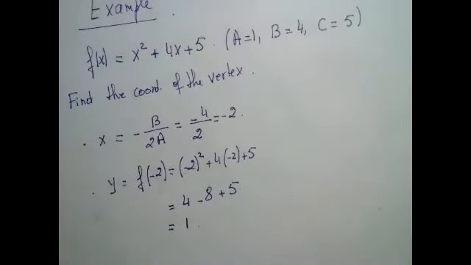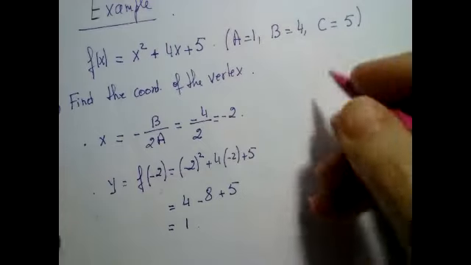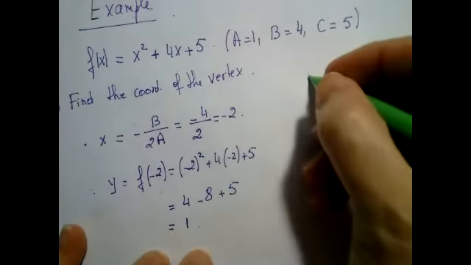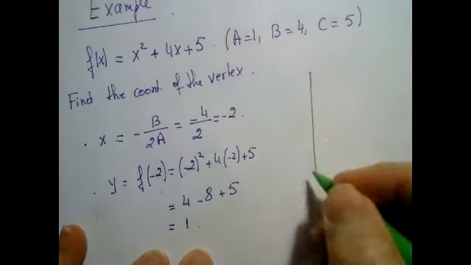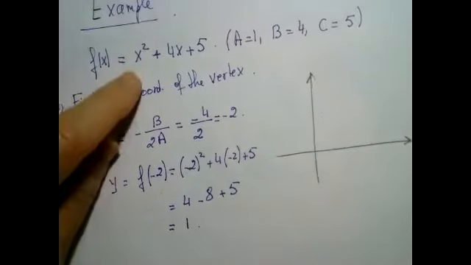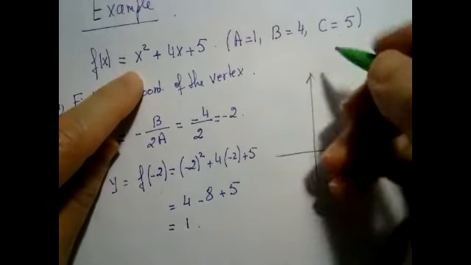Now we're going to sketch the graph, and we're going to sketch it pretty decently. So B is sketch the graph. What do we know? A here is positive.